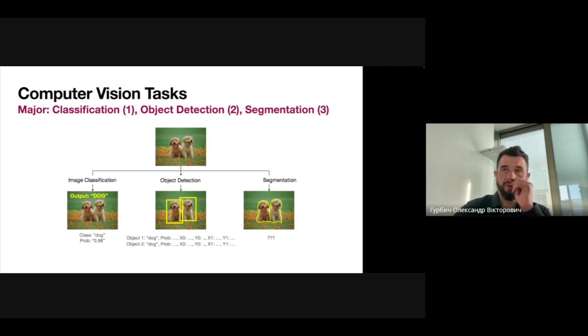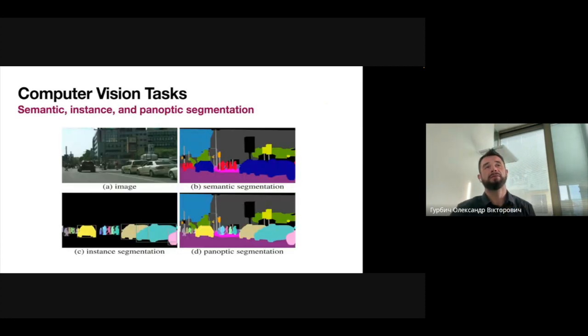Segmentation is an even more enhanced approach. As you see, your dogs are encircled with highlighted boundaries. Let's talk about segmentation in a little more detail, because there are at least three types of segmentation. The simplest kind is semantic segmentation.